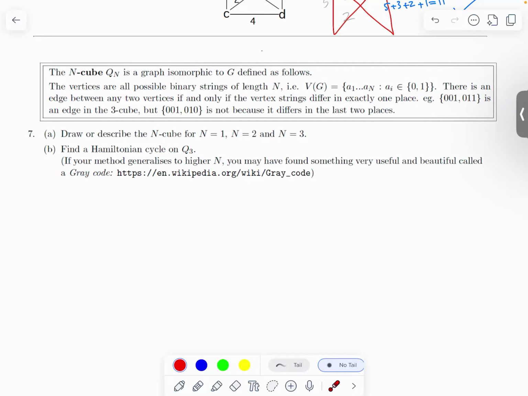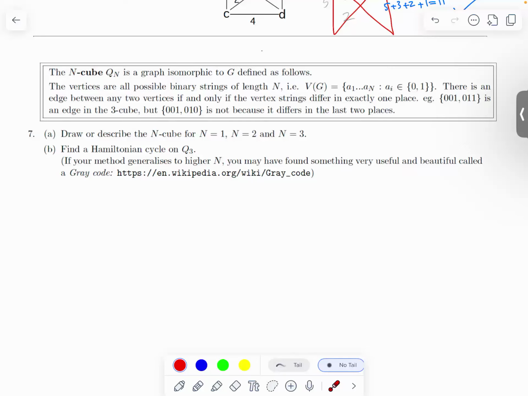All right. So all possible binary strings of length n. So how many vertices do we have? If capital N is equal to 2, meaning length is 2, just 4 of them. This means 2 power 2, which is 4.